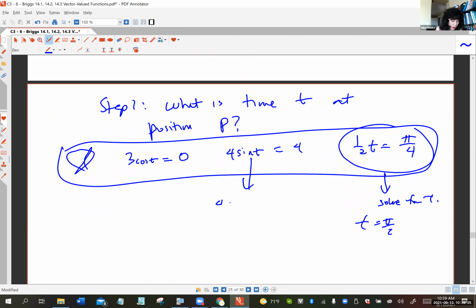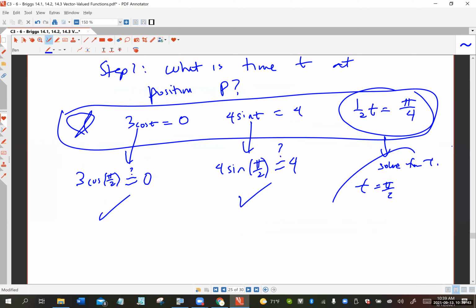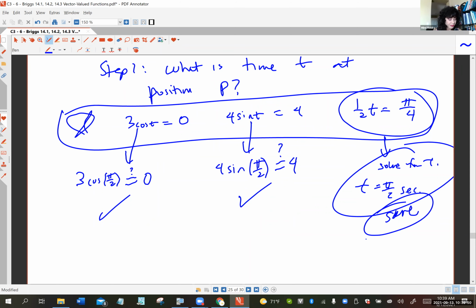Like if I go 4 sin of pi over 2, does that really equal 4? Yes or no? Yes. Good deal. And then try the other one. Does 3 cos of pi over 2 really give me 0? Yep. Okay, we're good. Good news. We found time. It's pi halves seconds. Save that for later because we're going to need it.